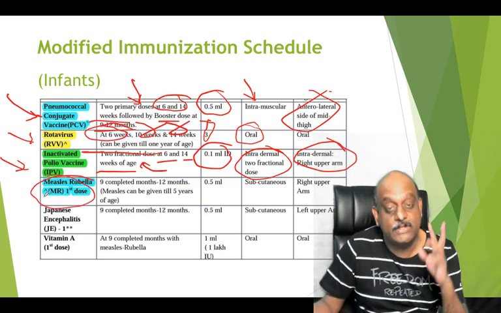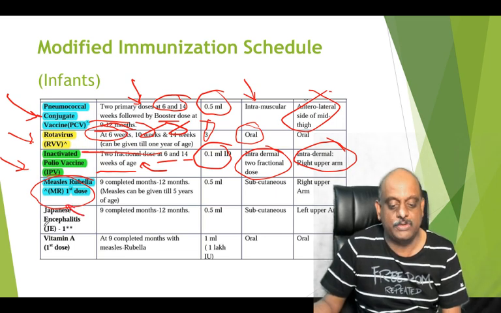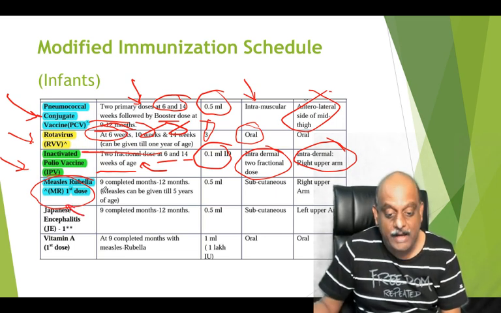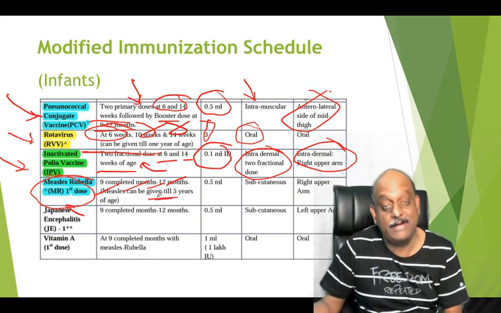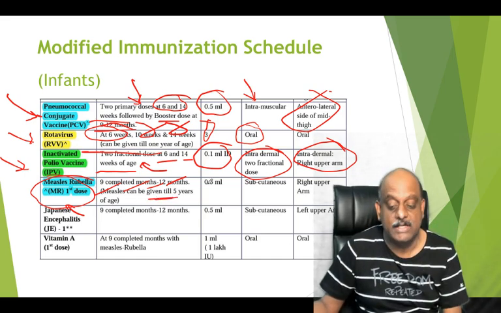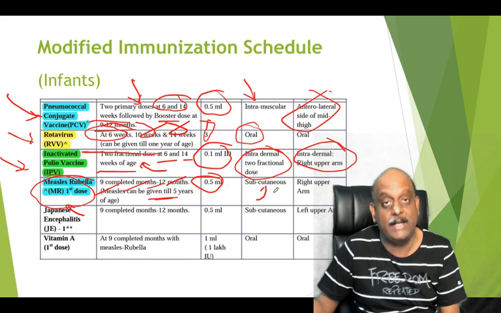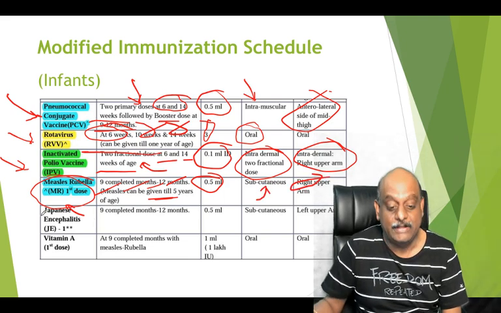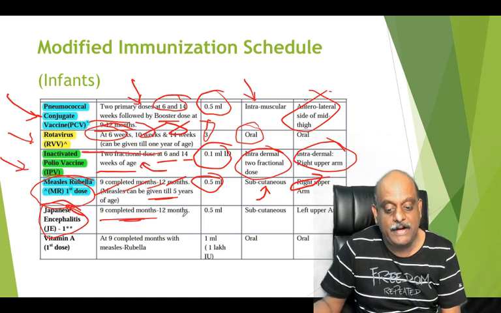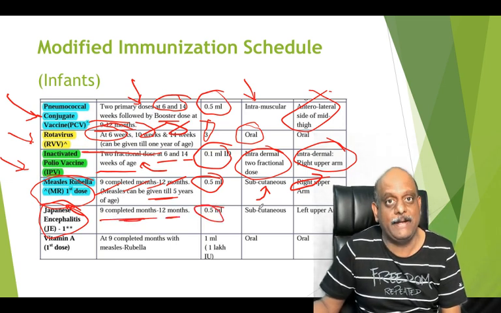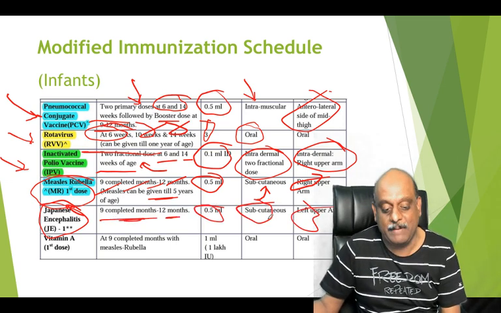Then measles, rubella, first dose, 9 completed months to 12 months. Measles can be given till 5 years of age, 0.5 ml subcutaneous, right upper arm. Japanese encephalitis first dose, 9 completed months to 12 months, 0.5 ml subcutaneous, left upper arm.